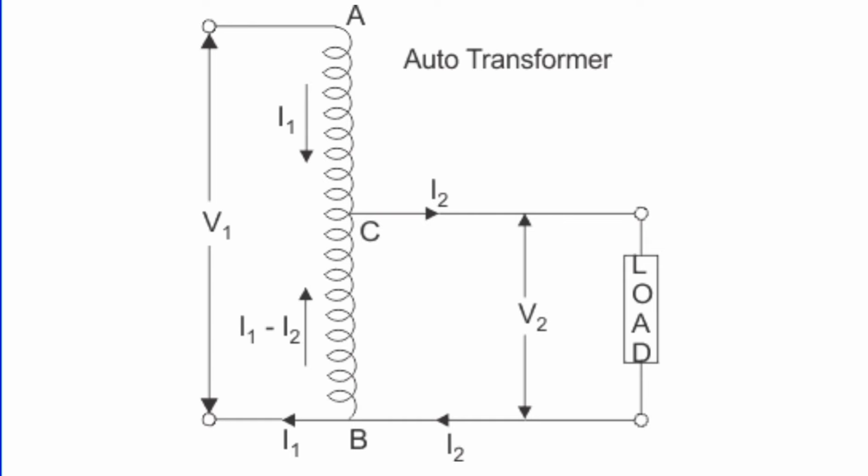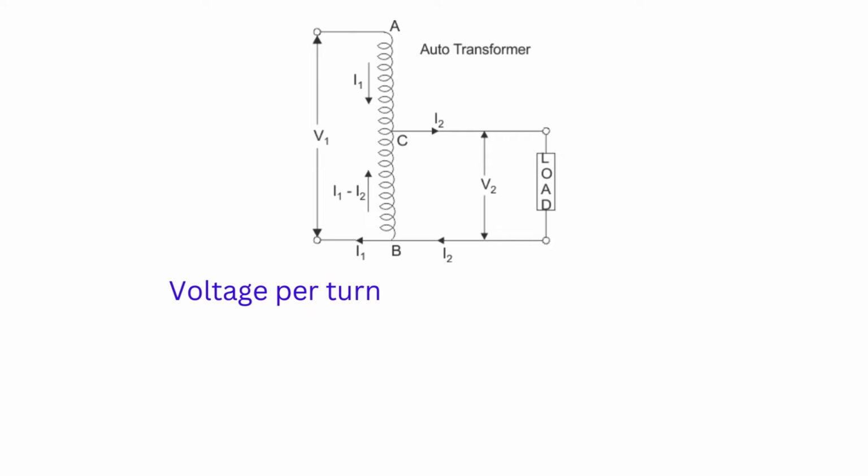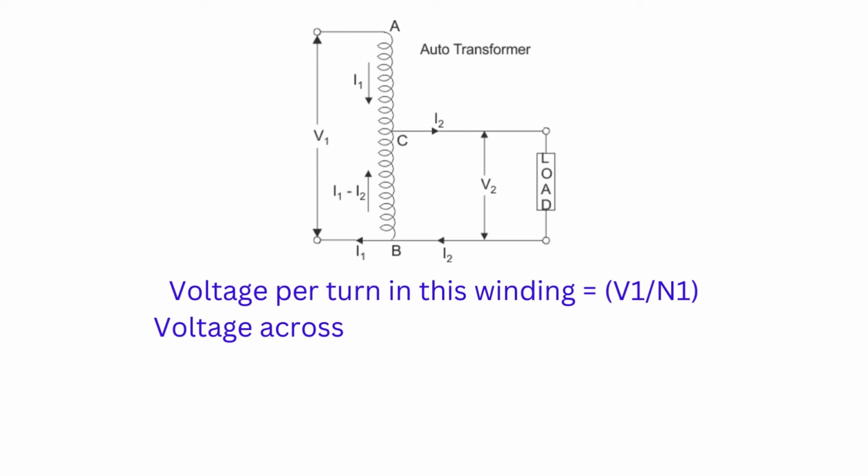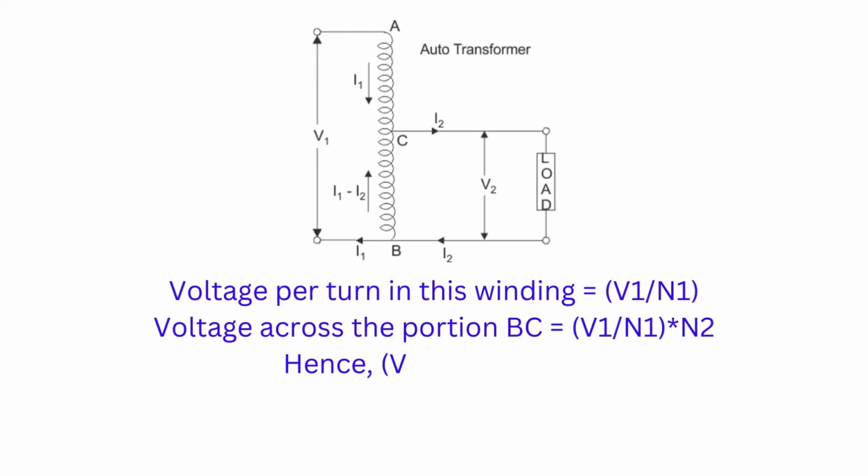If we apply a voltage V1 across the primary winding, the voltage per turn in this winding is V1 divided by N1. Therefore, the voltage across the secondary winding, or portion BC, would be V1/N1 multiplied by N2, the number of turns in the secondary winding.